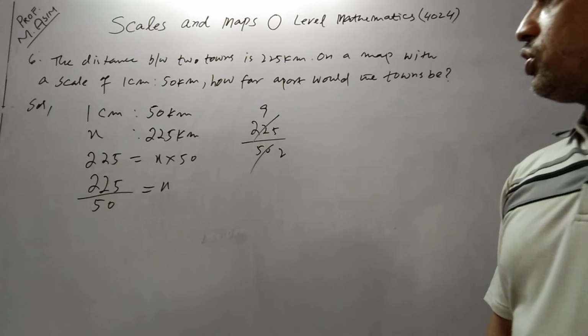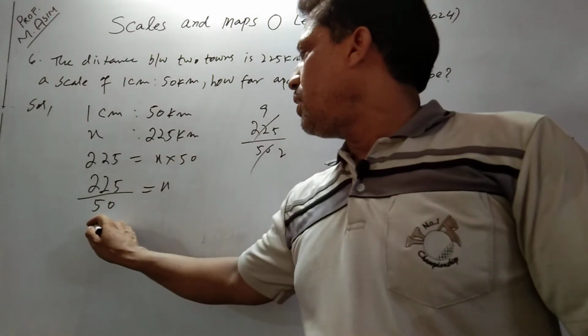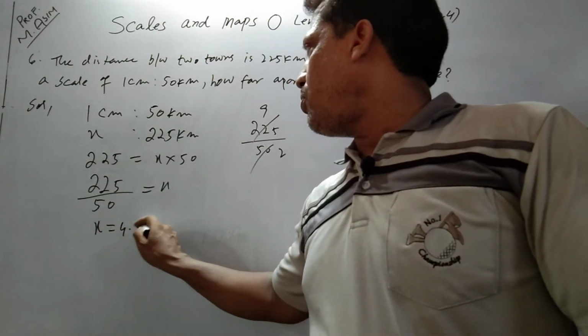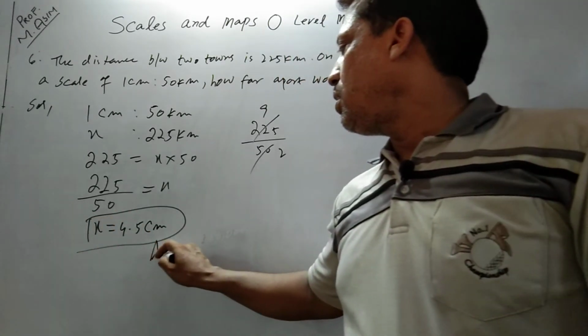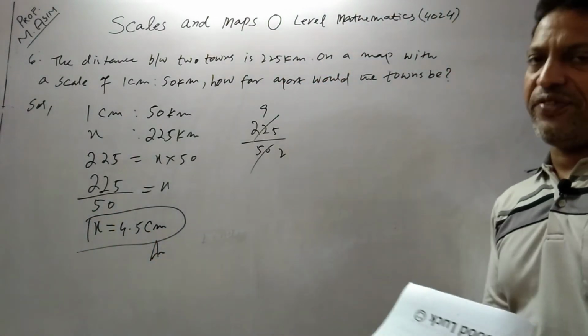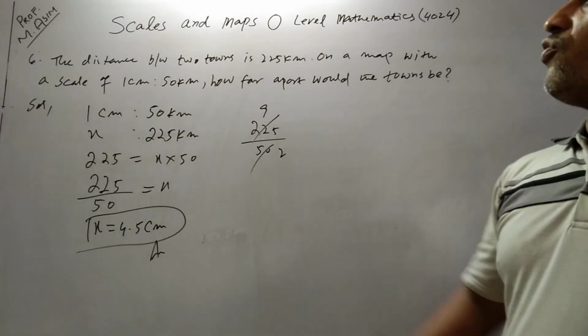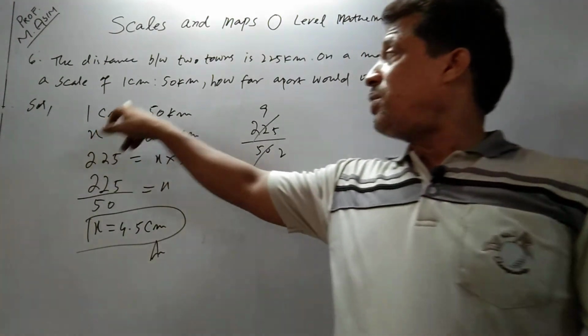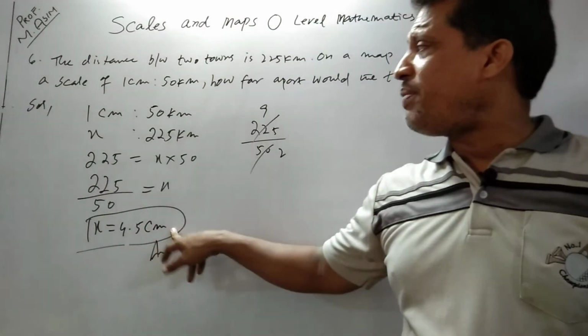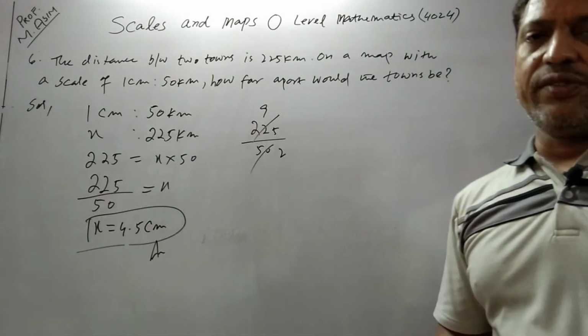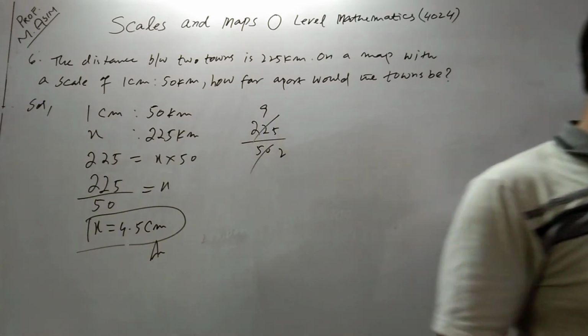So 9 upon 2 is 4.5. So x is equal to 4.5 centimeter. Therefore, our answer is 4.5 centimeter. It means 1 centimeter on the map represents 50 kilometer. Therefore, 4.5 centimeter on the map represents 225 kilometer. I hope you understand this question.